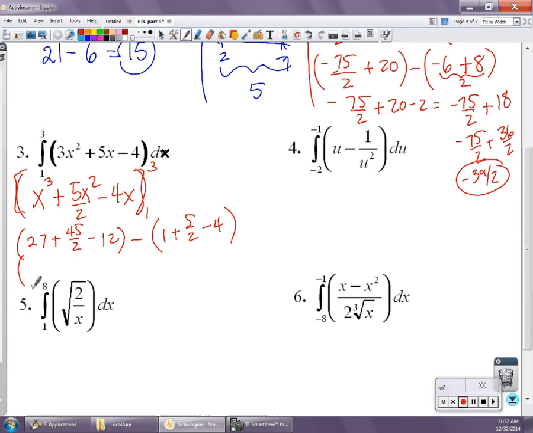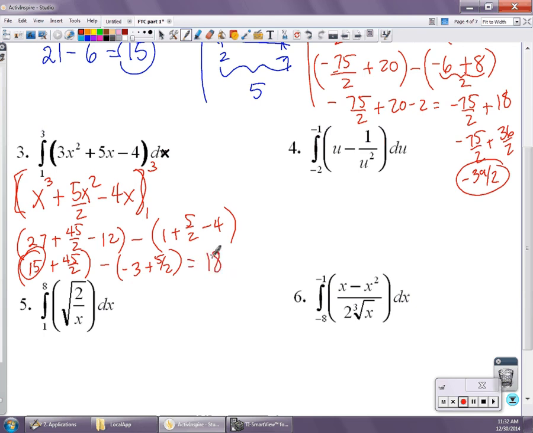That gives me 27, 17, 15, plus 45 over 2. I just added the 27 minus 12. Minus 1 and negative 4 give me negative 3 plus 5 halves. 15 plus 3 gives me 18.